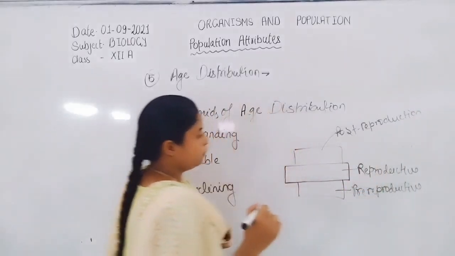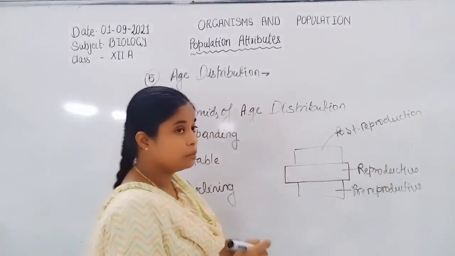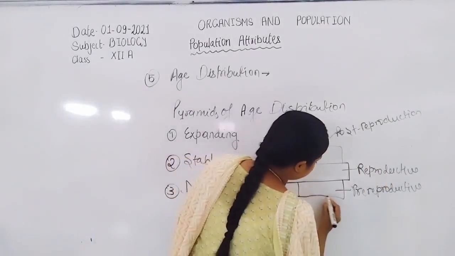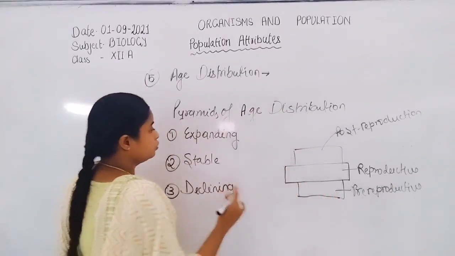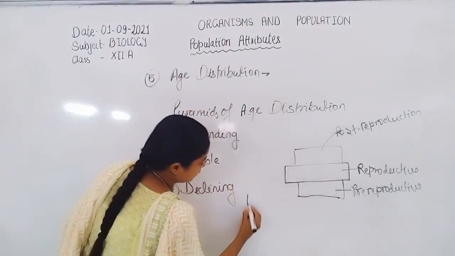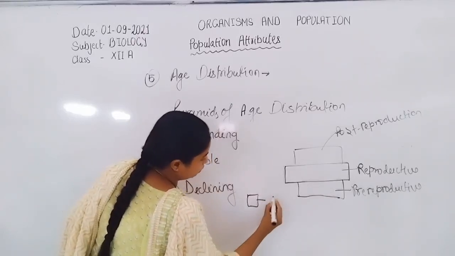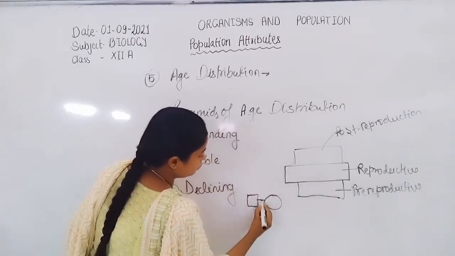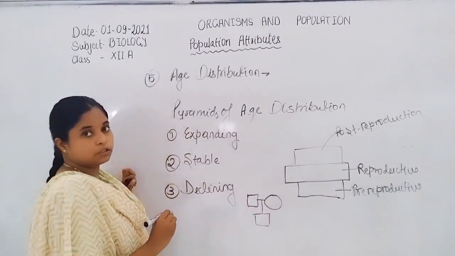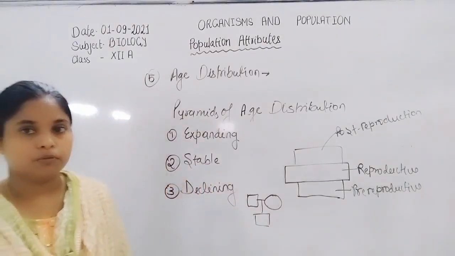That type of population always shows a declining population, because the number of individuals is few compared to the reproductive phase. For example, if the couple belonging to the reproductive phase has only one child, that type of population will always show a declining population.